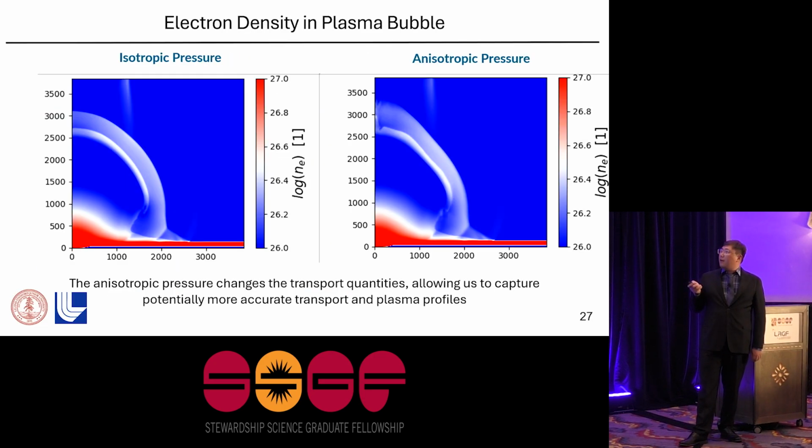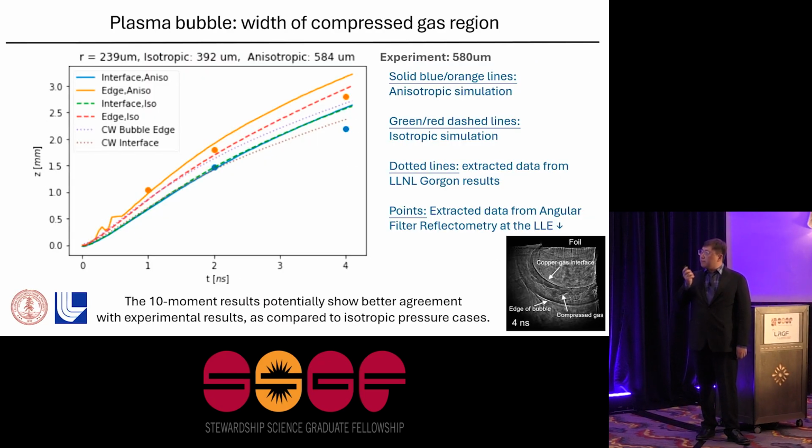I'll also mention it affects the electron density. It slightly expands the bubble faster. I will note that there are still some unexplained features that we have to look into in future work.